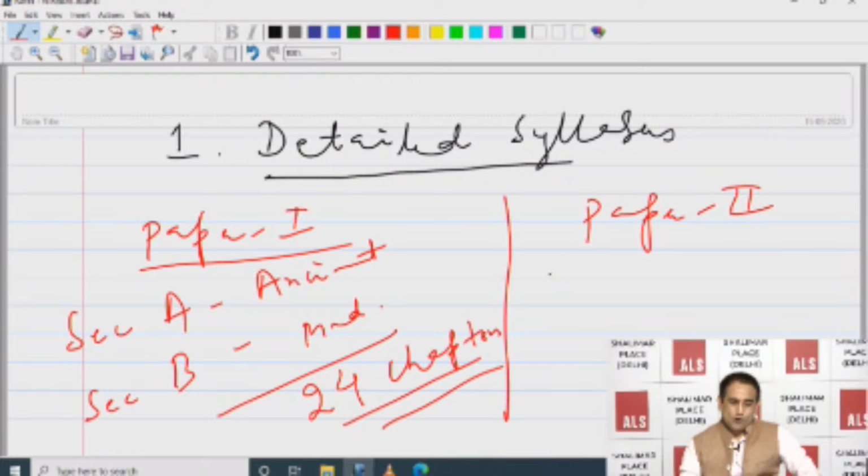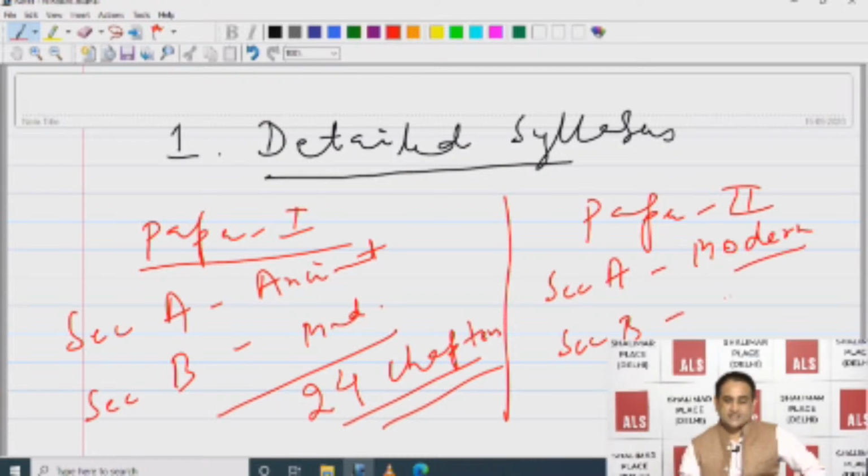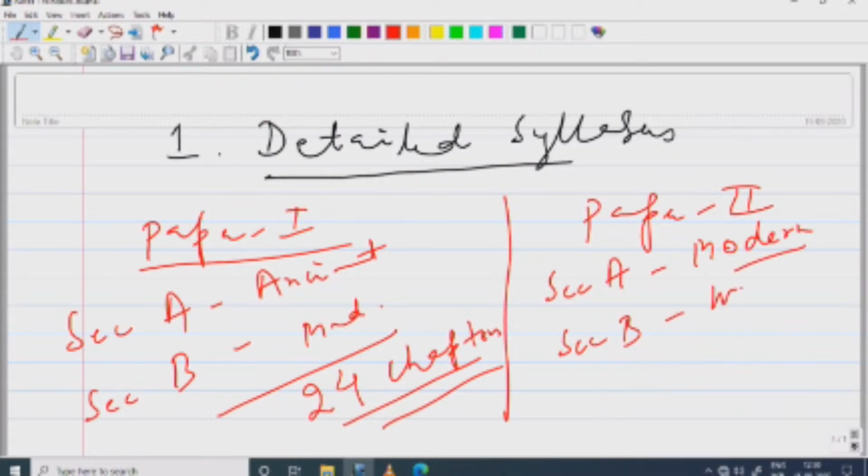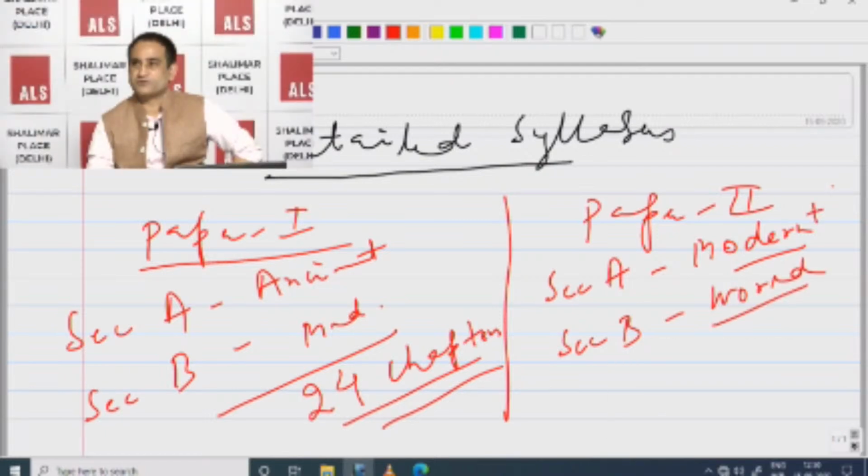In paper 2 also you have section A and section B. Section A is all about modern India, with the last 3 chapters related to post-independence, and section B is world history. In paper 2 they have mentioned around 27 chapters.